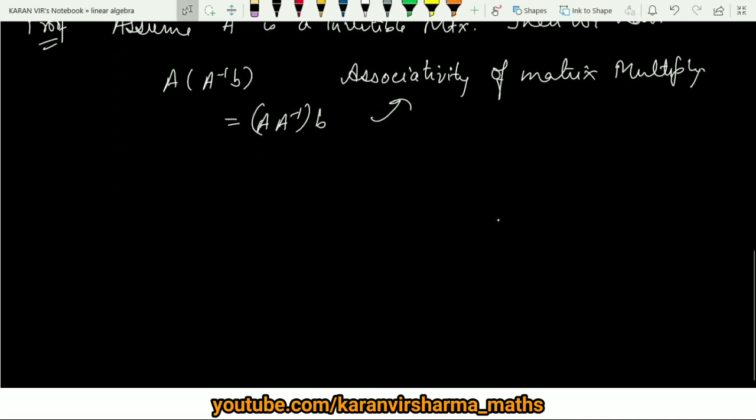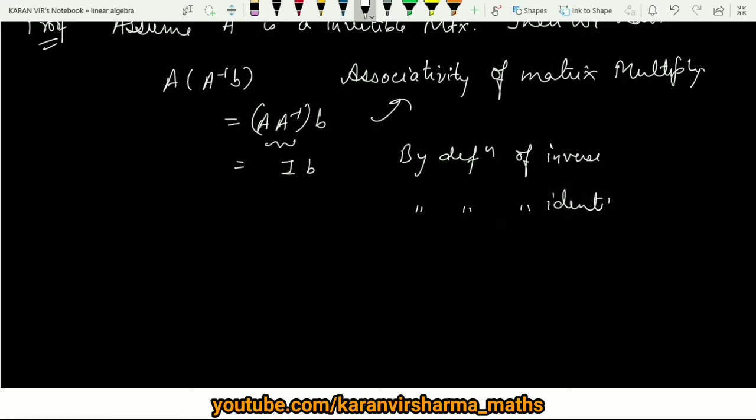By the definition of inverse, A into A inverse is the identity. So we compute A into A inverse, which is nothing but the identity, and identity into B. Now by the definition of identity, identity into B will be nothing but B.